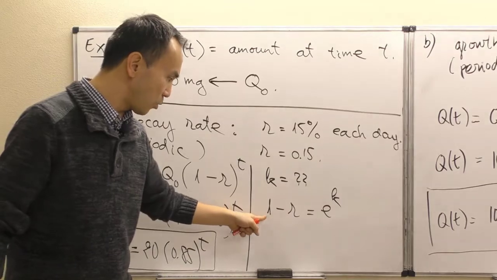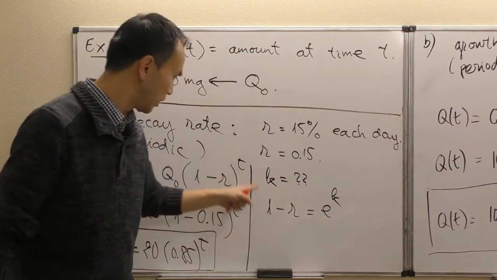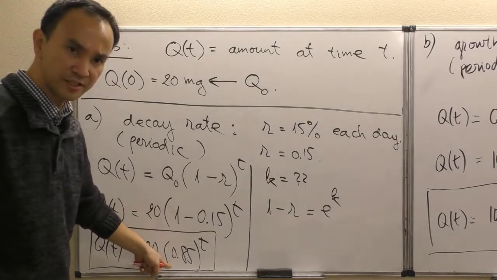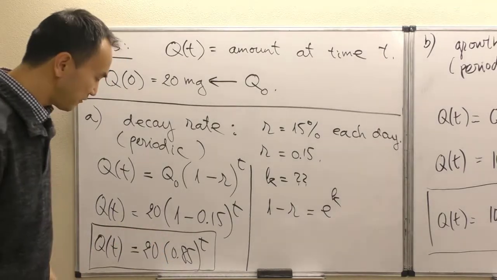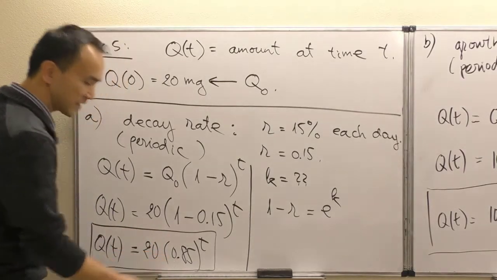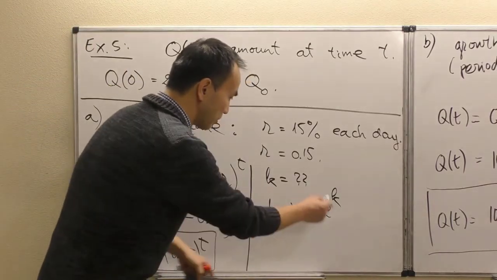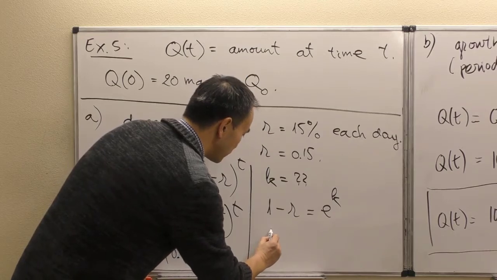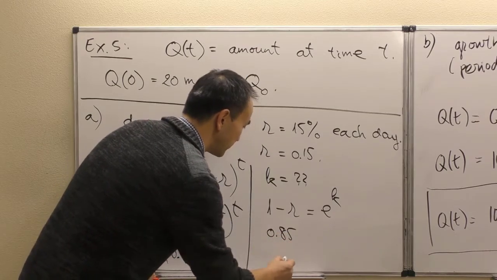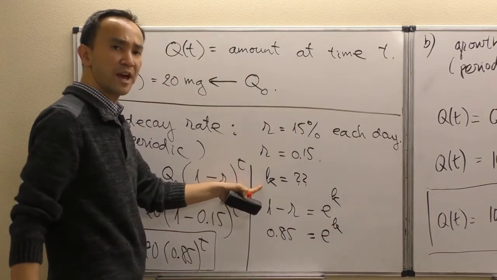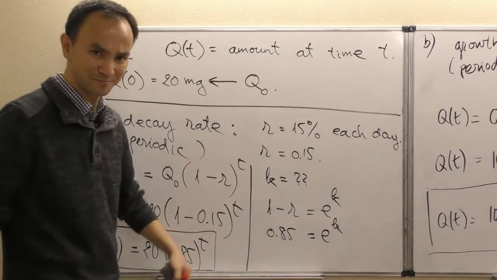And by the way, 1 minus r, with r being 0.15, is obviously that 0.85 we already found. So 1 minus r is 0.85. To complete this equation, I'm looking at 0.85 as a value that equals e to the k. Our goal is to look for k.